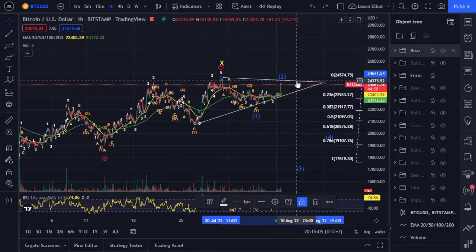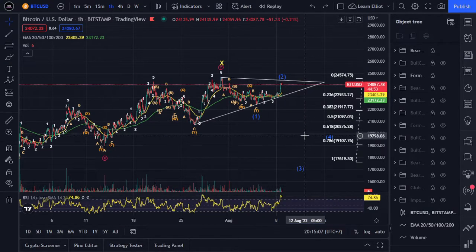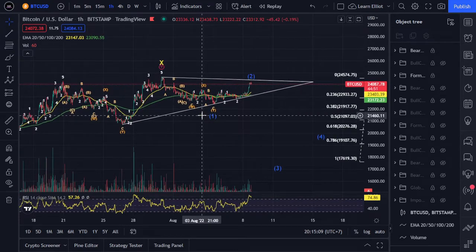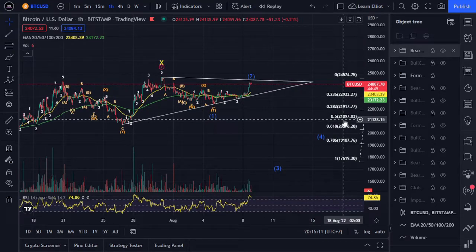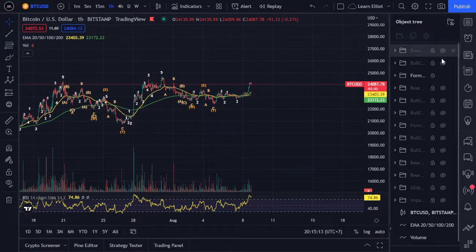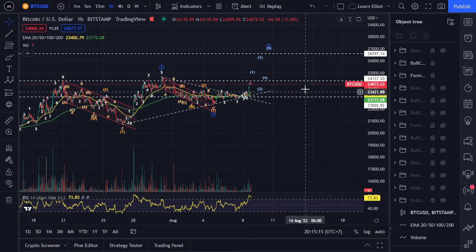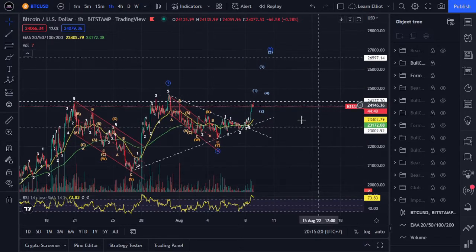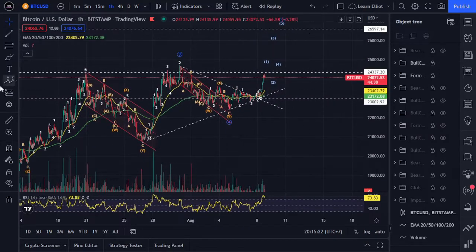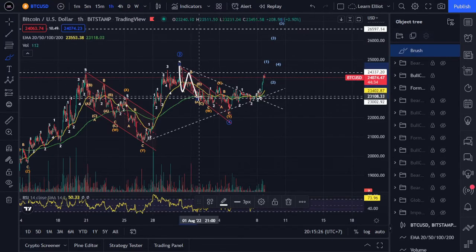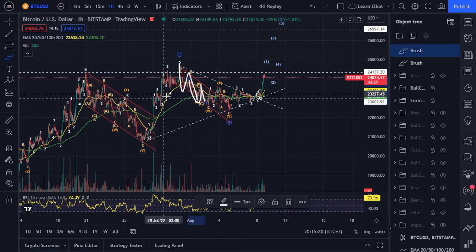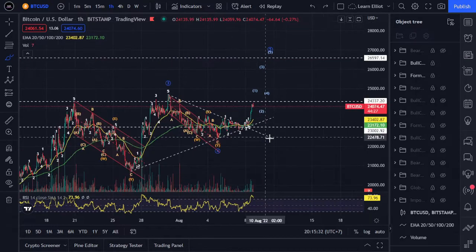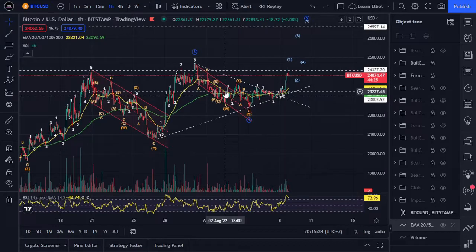So yeah, that's my assumption, and I prefer this pattern around here, because it's the most available pattern. I think I can also count the wave correctly. We have an A, B, C, another A, B, C. Yeah, but I tell you, the price is a little bit tricky to count.